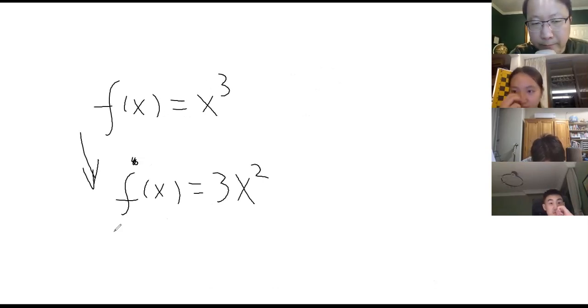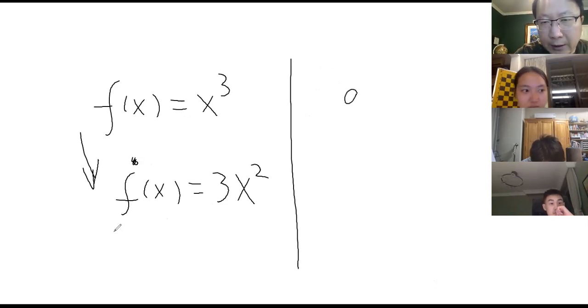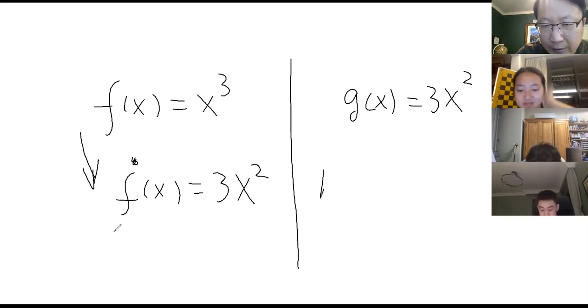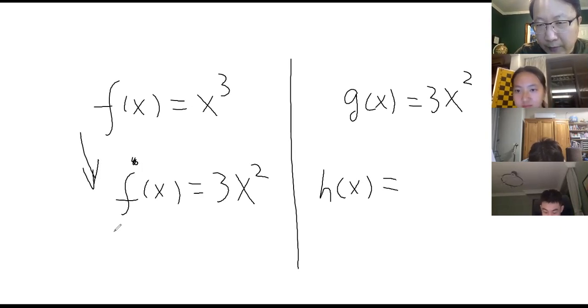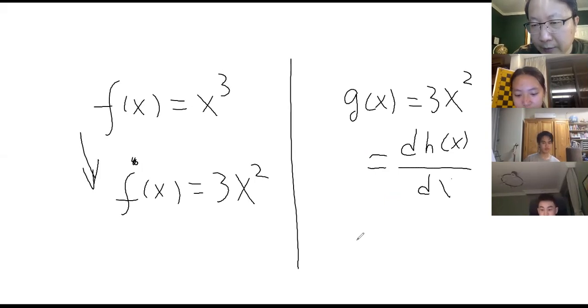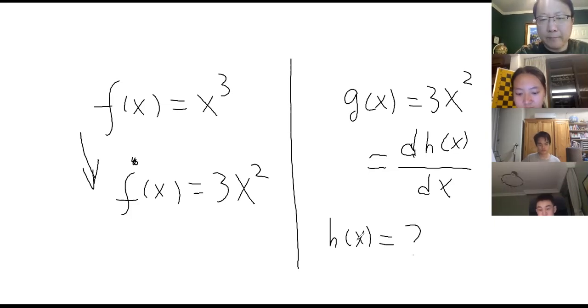So now if I have gx equals 3x squared, and I want to do the integral, finding a hx, which is a derivative of this function, so what is h? Got the idea?